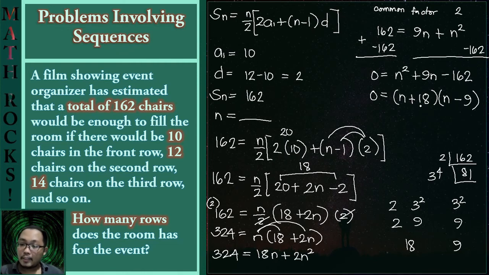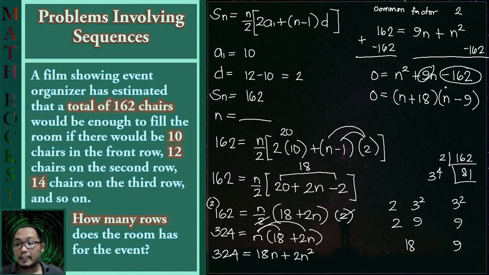So to check whether these factors are correct, we may simply have the positive 18 be multiplied with the negative 9 and check whether this gives us a product of negative 162. And next is to add the 18 with the negative 9 and check whether it actually gives us a positive 9. So 18 times negative 9 is negative 162, while 18 plus negative 9 gives us positive 9. So these factors are correct.